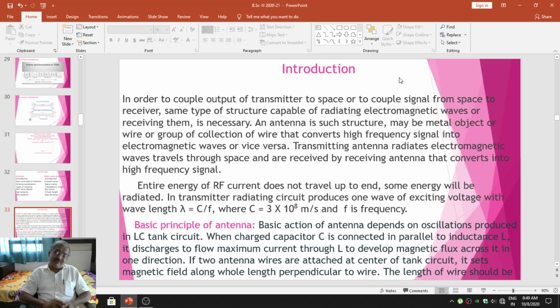In the reverse case, the antenna which is coupled to the receiver receives those electromagnetic radiations traveling through space, and those are converted again into a radio frequency signal for analysis by the receiver. Such a device that converts a radio frequency signal into electromagnetic radiation, and also, if necessary, electromagnetic radiation back into a radio frequency signal, that structure we call an antenna.